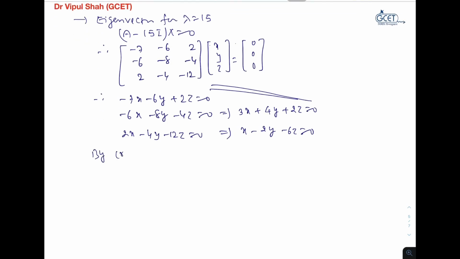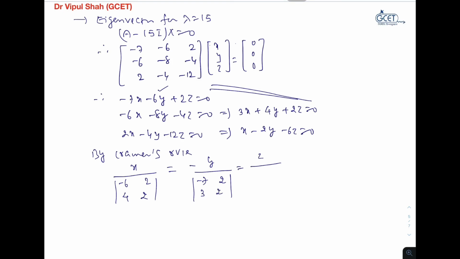So by Cramer's rule, x over the coefficient of y and z. So minus 6, 2, then 4 and 2, equal to minus y over the coefficient of x and z, so minus 7, 2, then 3 and 2, equal to z over the coefficient of x and y, so minus 7, minus 6, 3 and 4.